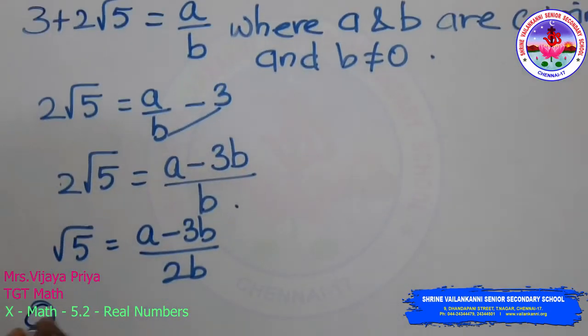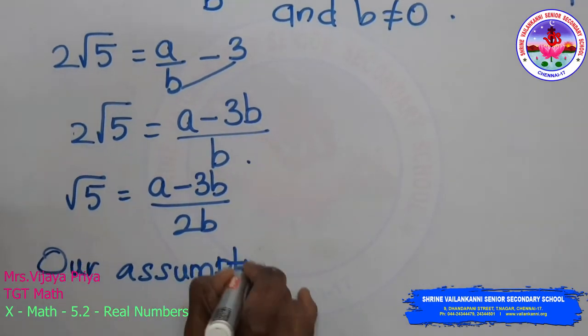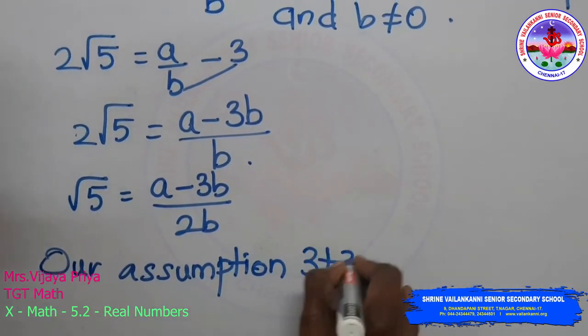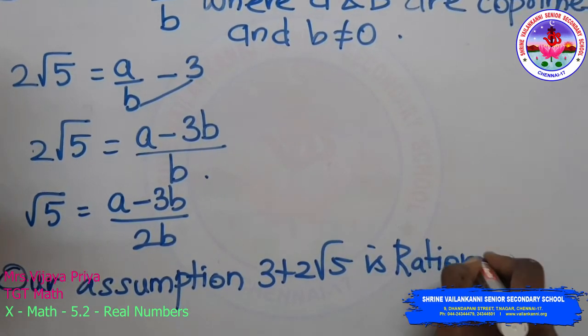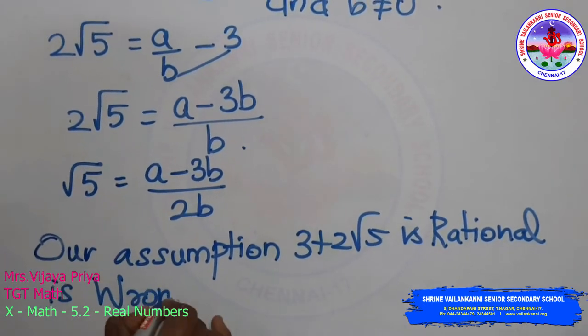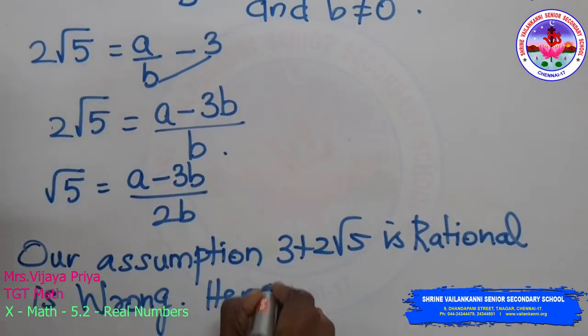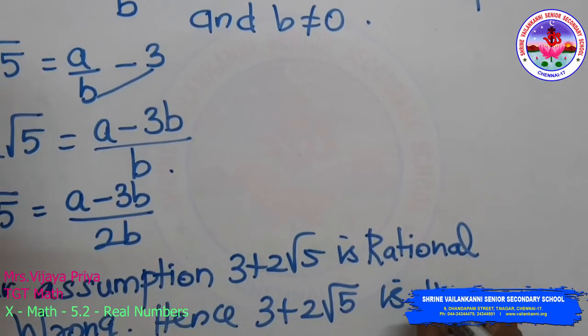So our assumption is wrong. Our assumption that 3 plus 2 root 5 is rational is wrong. Hence 3 plus 2 root 5 is irrational.